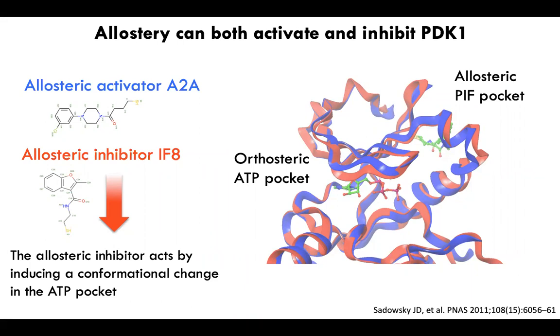So PDK1 is a great example of allostery because it shows us that at the same time we can have both types of modulation, but also because it has been really difficult to show activation of kinases in any other way.